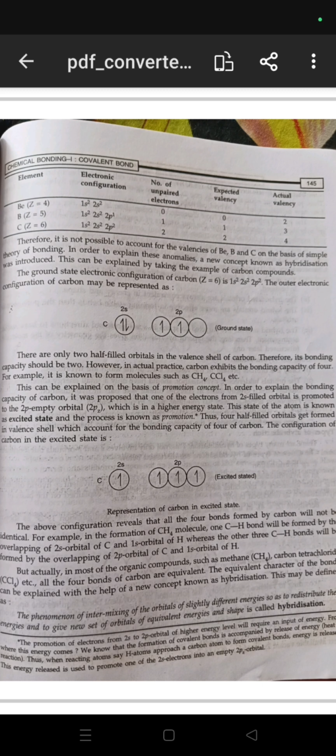But actually, in most organic compounds such as methane, carbon tetrachloride, all 4 bonds of carbon are equivalent. The equivalent character of the bonds can be explained with the help of a new concept known as hybridization. The phenomenon of intermixing of orbitals of slightly different energies so as to redistribute their energies and give a new set of orbitals of equivalent energies and shape is known as hybridization.